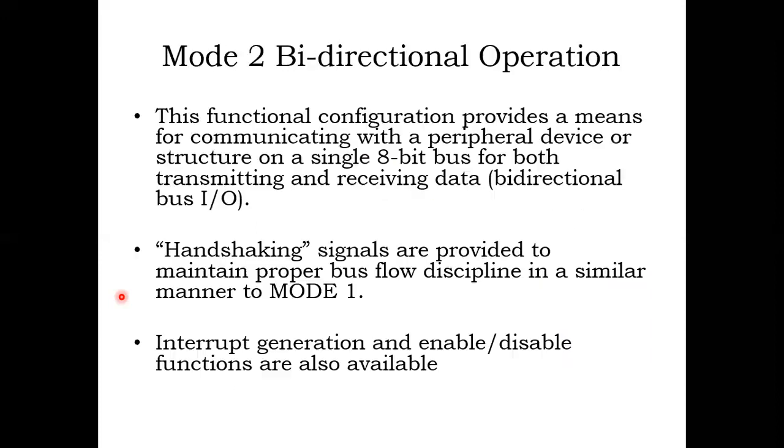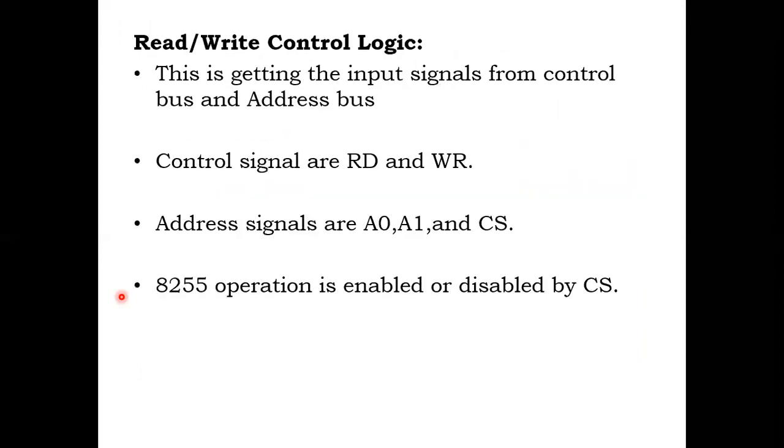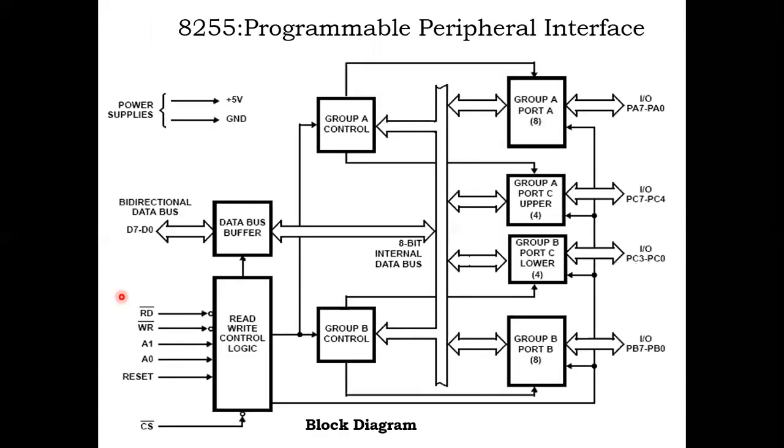So these are the 8255 operations in the peripheral interface, which is used in most applications. When we implement a microprocessor project, we need to know about the different kinds of programmable peripheral interface devices, that is the 8255. See each and every part of the 8255.